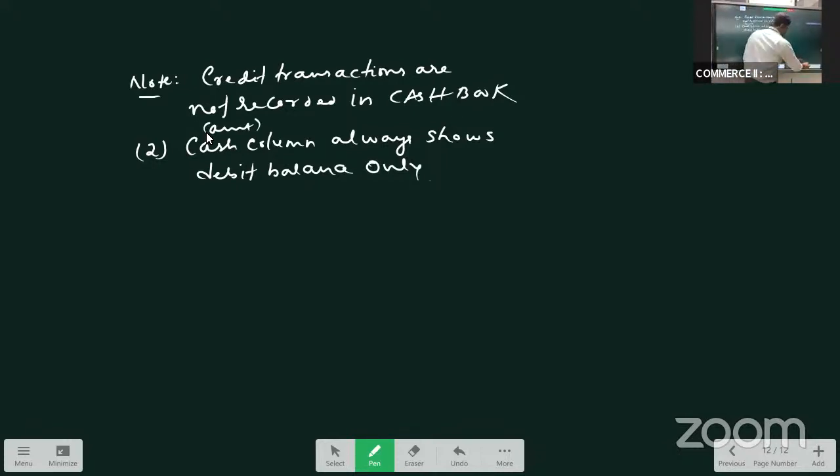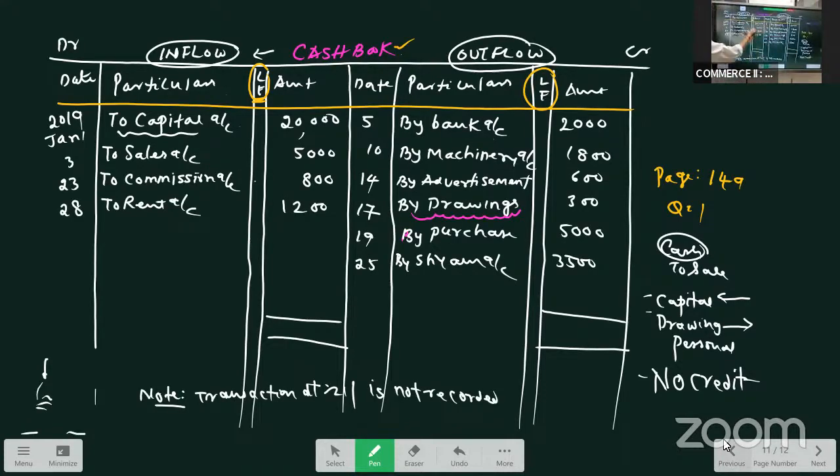So when we are preparing a simple cash book, cash column, the debit side will be heavy. Because, as I said, cash book always shows debit balance, so always it will be heavy on the debit side.